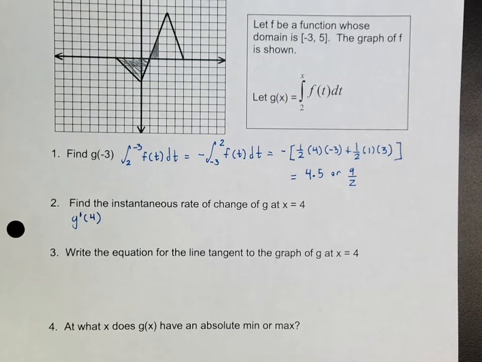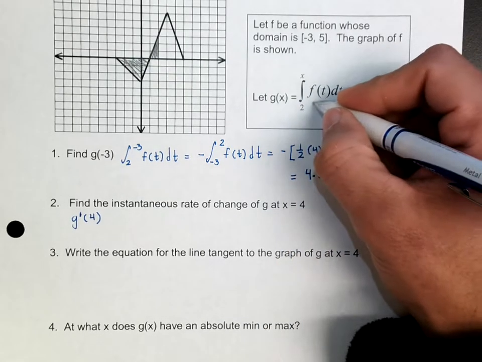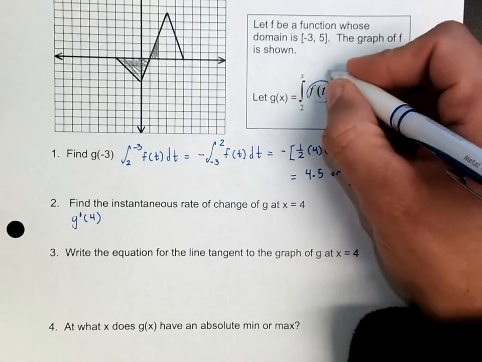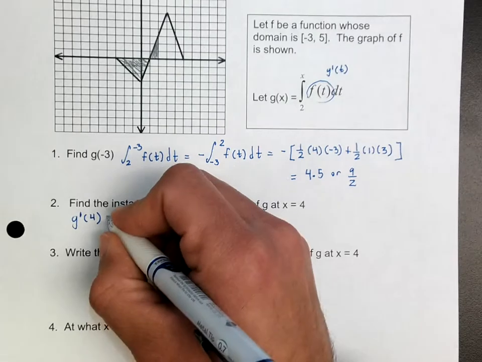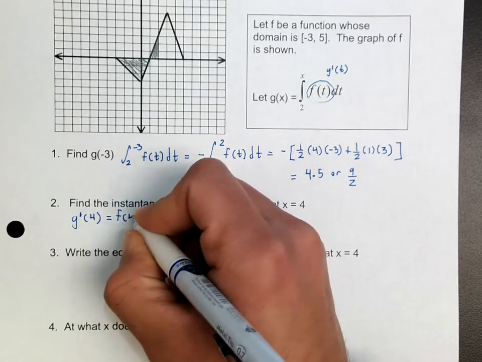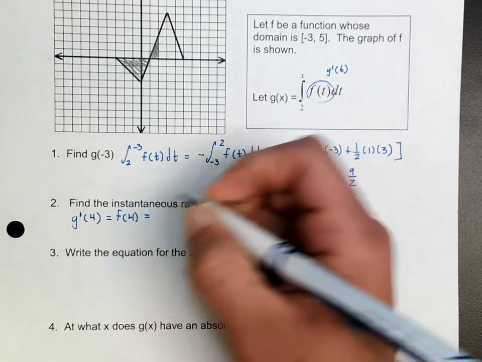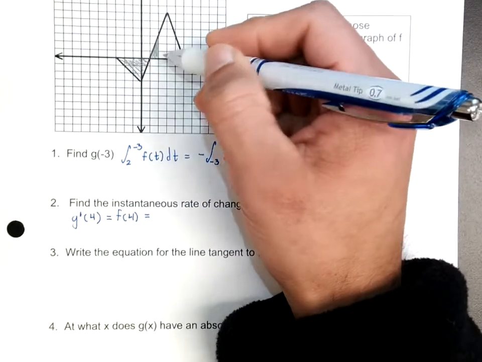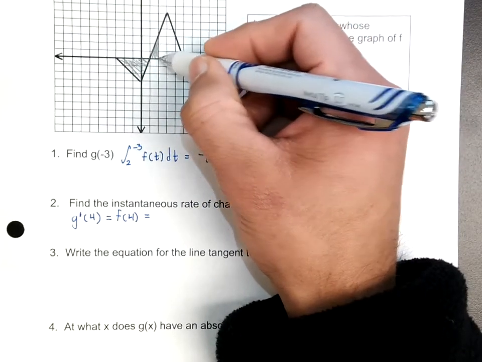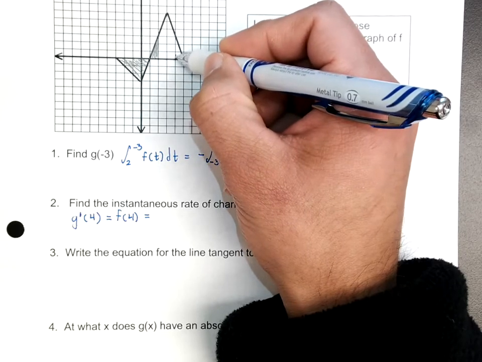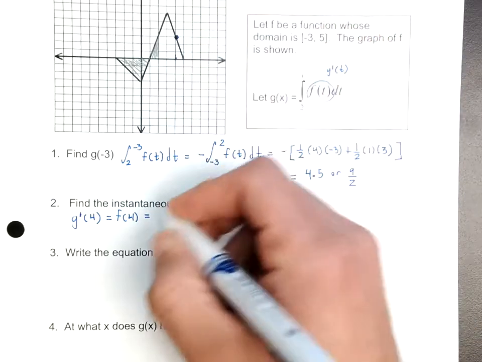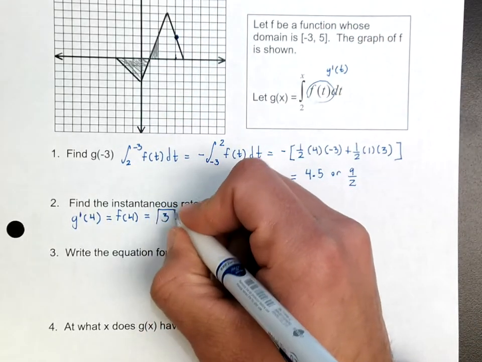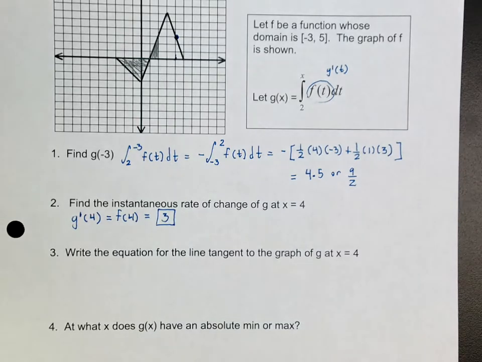Okay, now if you remember from your previous lesson, the derivative, if this is f of t and this is g of x, that must mean that this was g prime of t, which means in this case that this and f of 4 is the same value. Alright, so all we have to do very easily is go to x equal to 4, 1, 2, 3, 4, and see what the y value is, which in this case looks like it's 3. Alright, so the instantaneous rate of change at x is equal to 4 is 3.